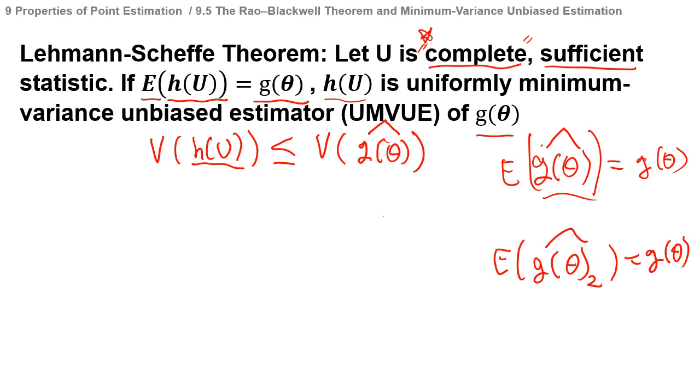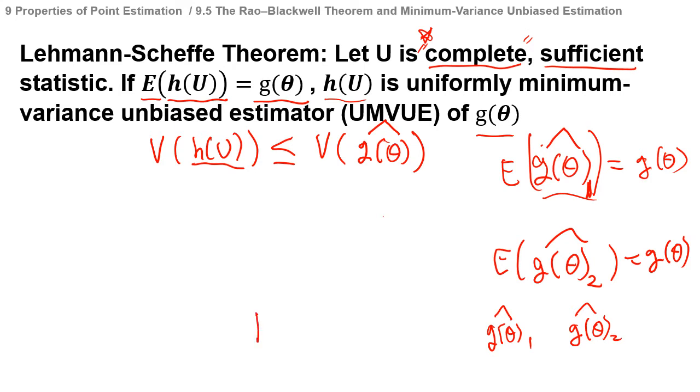So this is the first one. We have two unbiased estimators: the first unbiased estimator for G zeta is G zeta hat 1, and the second unbiased estimator is G zeta hat 2.